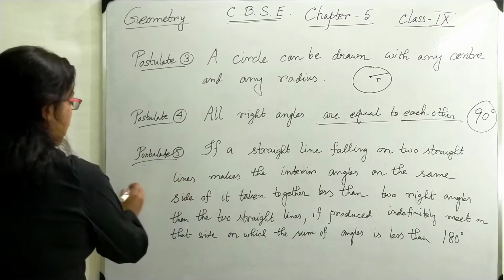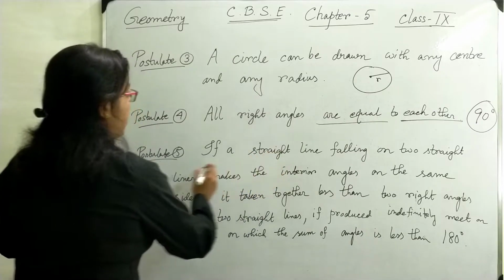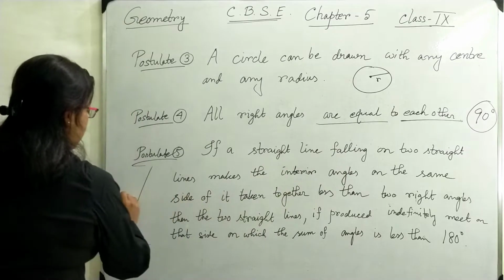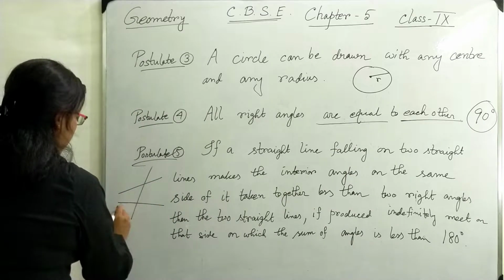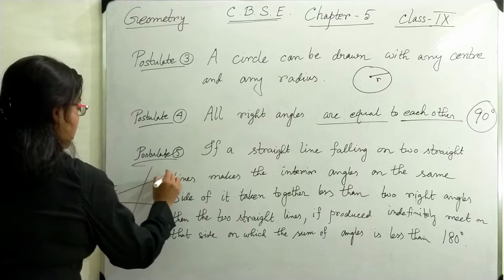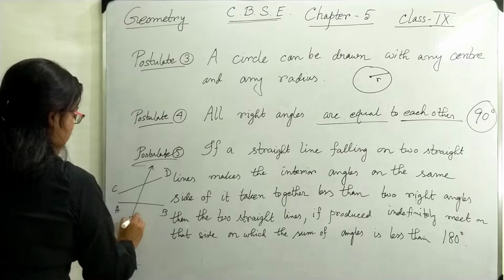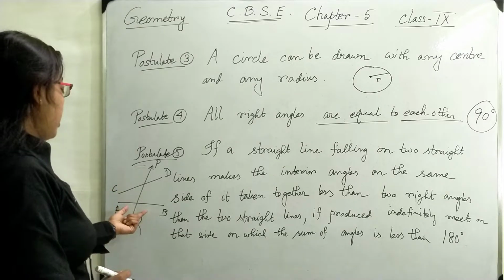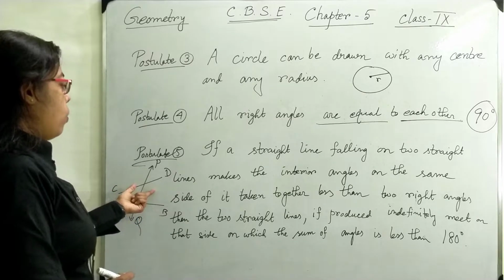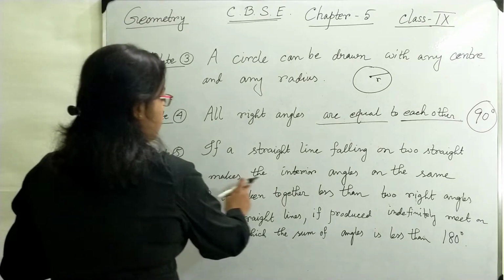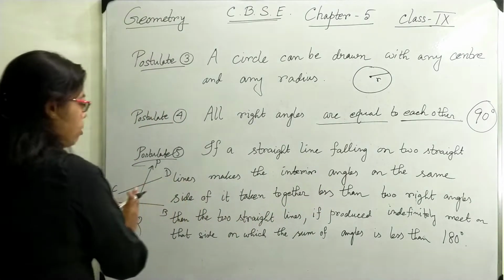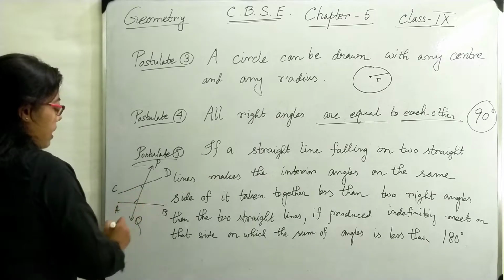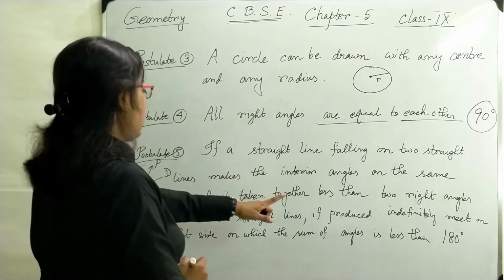This means if a straight line, look here, this is the straight line falling on 2 straight lines AB and CD, and this is the straight line PQ which is falling on both straight lines AB and CD. Now it makes the interior angles on the same side of it taken together less than 2 right angles. What is the interior angle? This one.